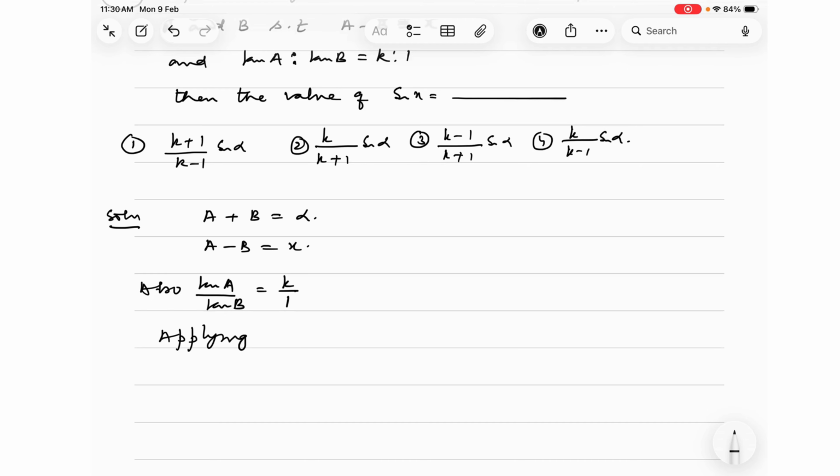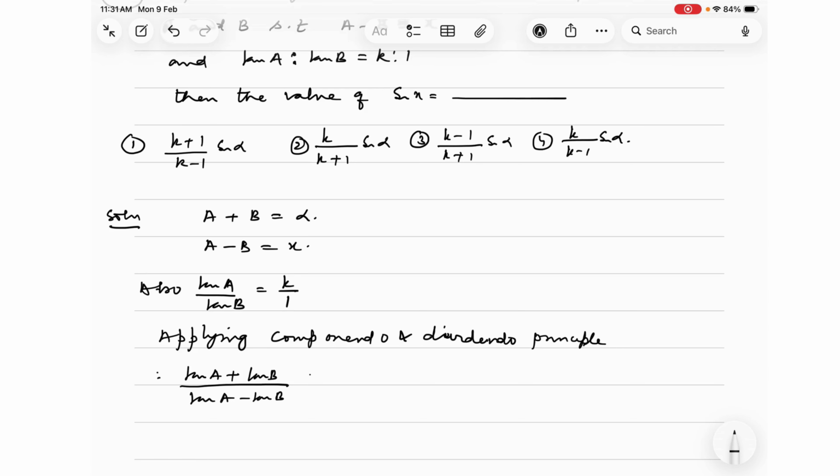Applying the componendo and dividendo principle, we get (tan A plus tan B) by (tan A minus tan B) is equal to (k plus 1) by (k minus 1).